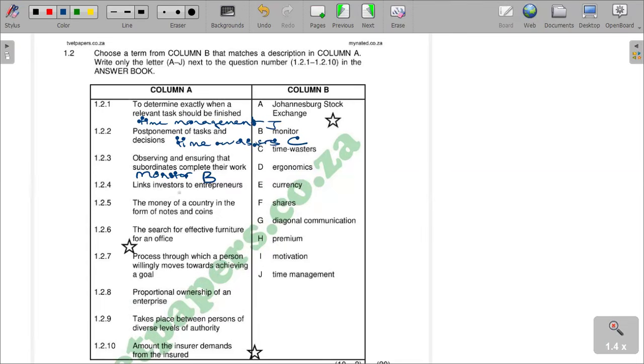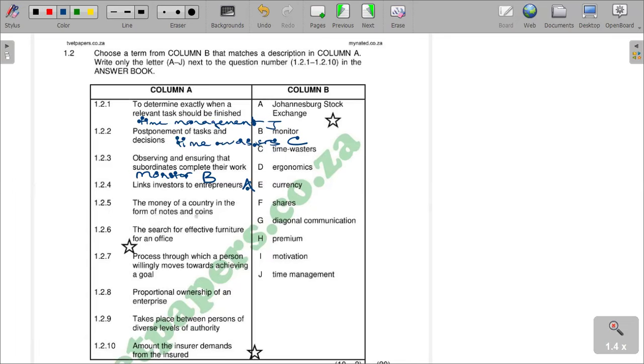Links investors to entrepreneurs. That's the JSE, the Stock Exchange, which is A. 1.25. The money of a country in the form of notes and coins.